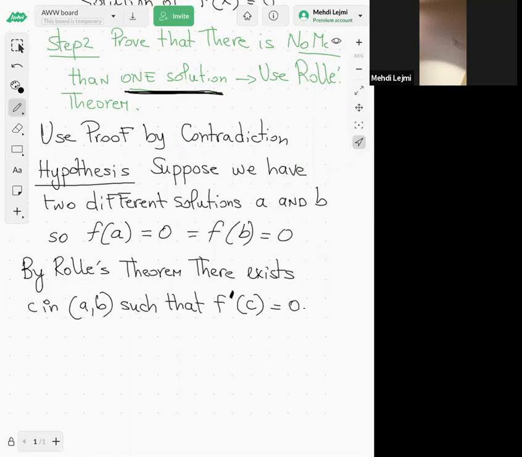Now, where's the contradiction? Well, the contradiction is the following. We are saying that there is a solution of the derivative equal to 0, right? But what's the derivative of f? On the other hand, if you compute f prime of x, so what's f prime of x?